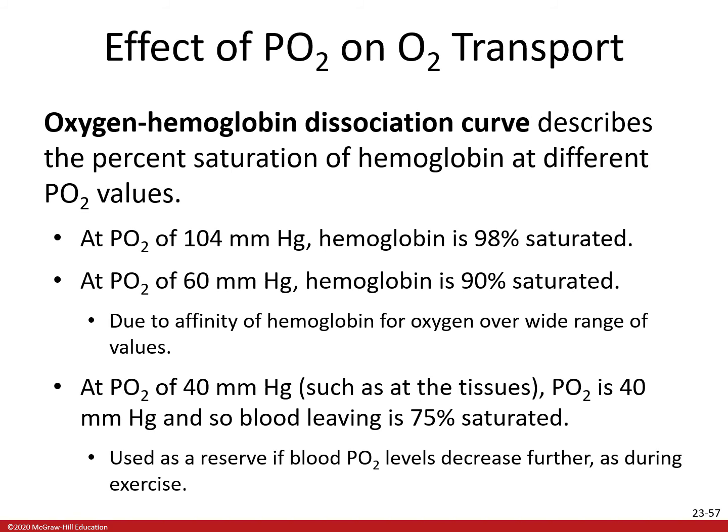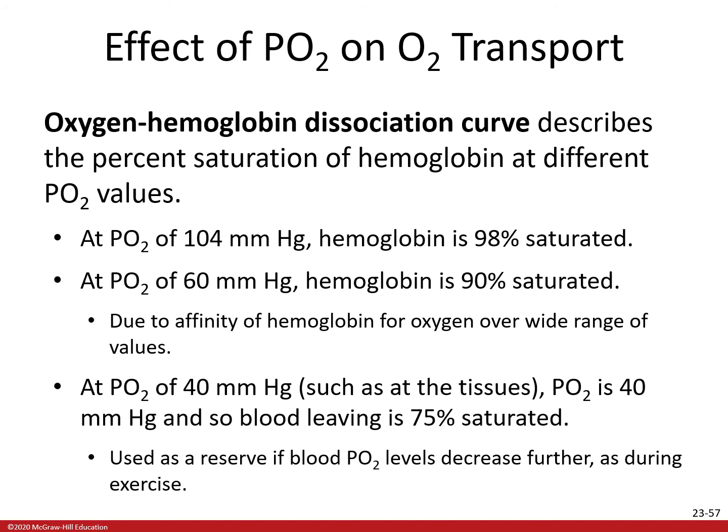If we have a partial pressure of oxygen of 104 millimeters of mercury, then your hemoglobin saturation is going to be at 98%. Now, if we drop the partial pressure of oxygen to 60 millimeters of mercury, the saturation level is only going to go down by 8%.